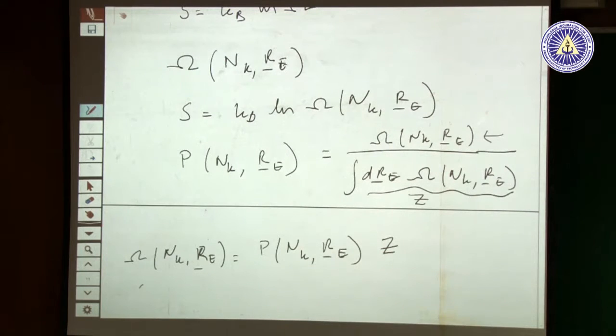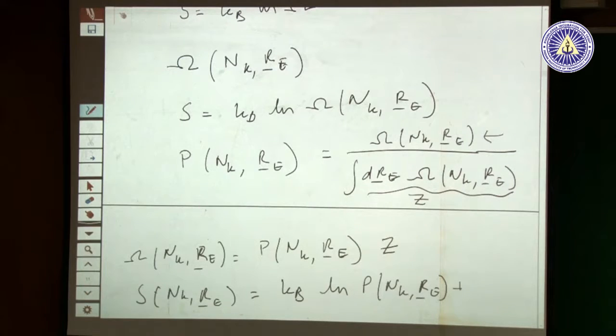So, now S of nk comma Re is Kb log of this omega. So, it is Kb log of this probability of nk comma Re plus Kb log z. Notice that this z does not depend on Re, because you have integrated out the Re dependence.